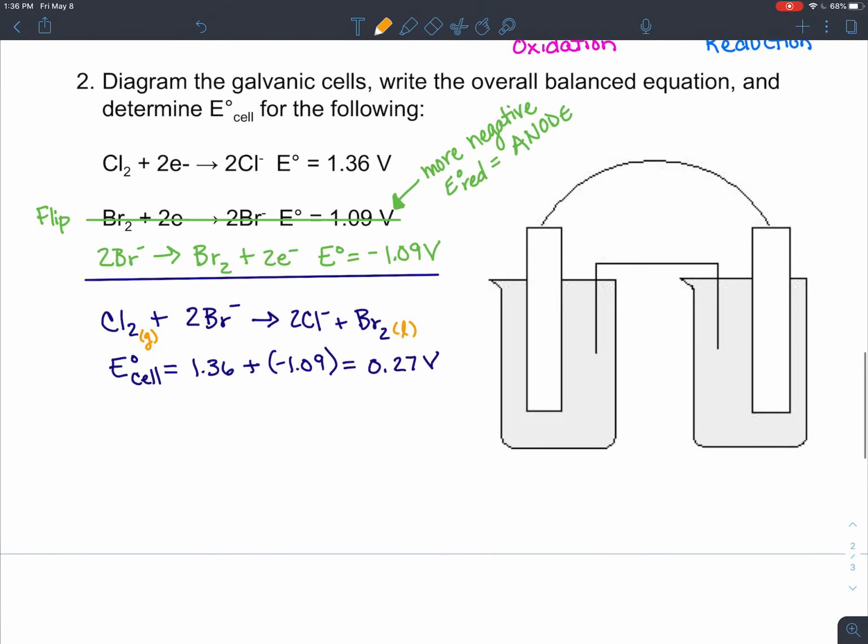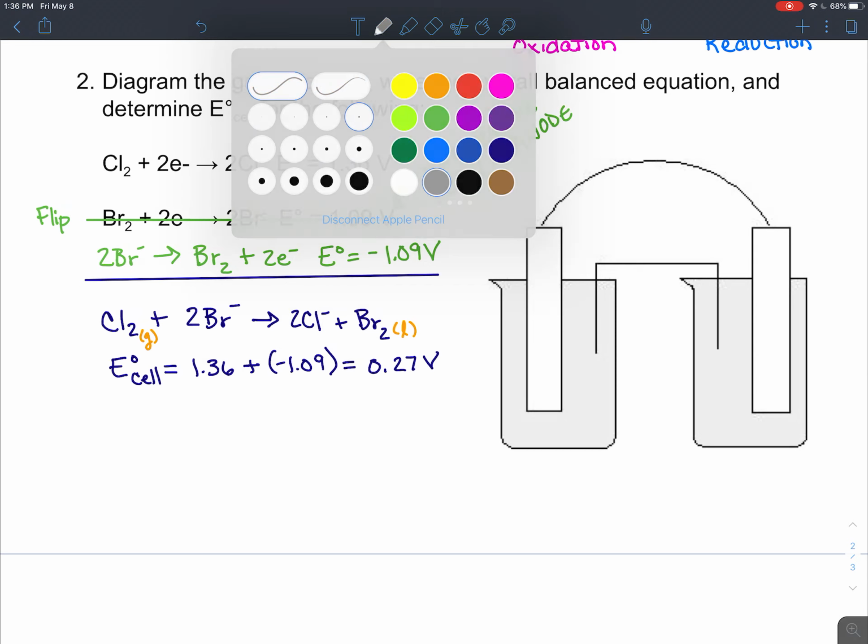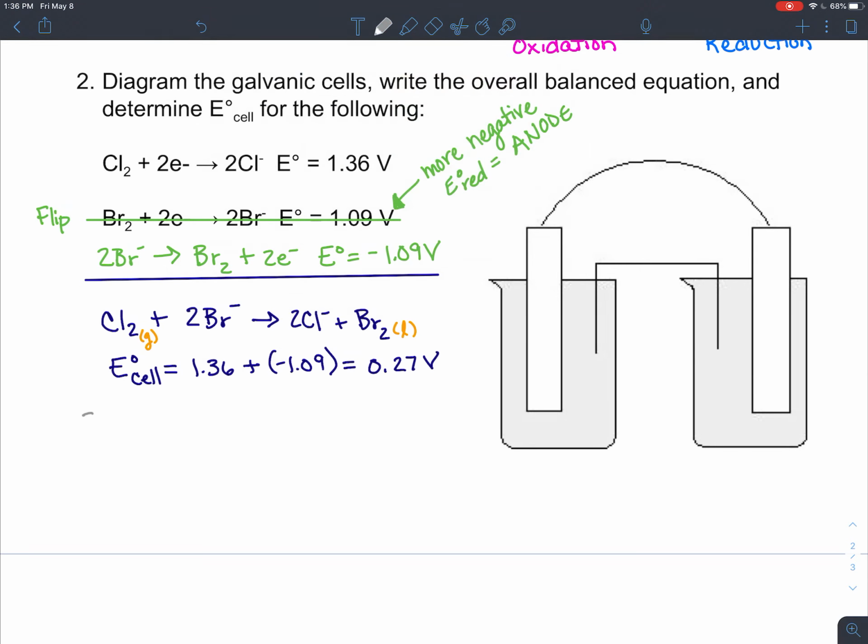So if we do not have metals, or if one of them is not a metal, what do we do? Okay, so the question is no metal, no problem.